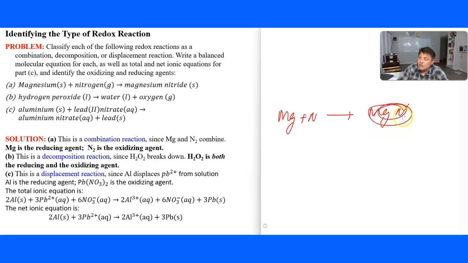It is combining into one thing, magnesium nitride, so it is the combination reaction.